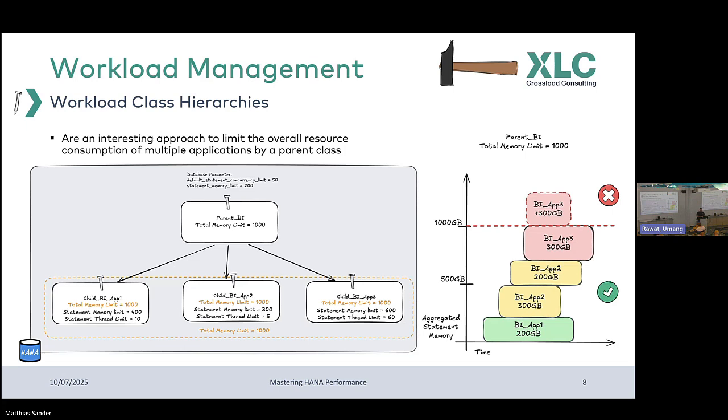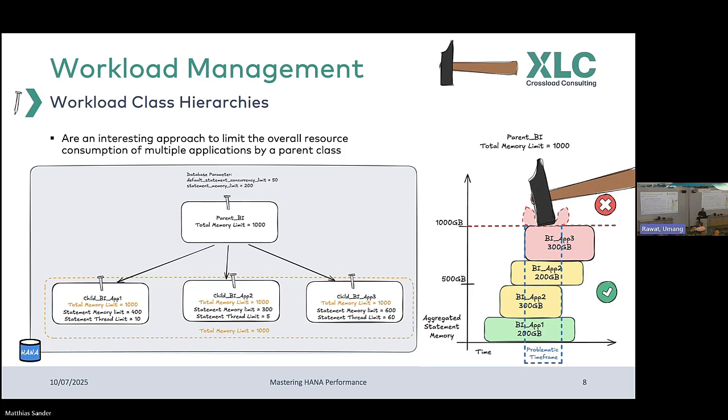Everything which tries to be allocated on top of this has no chance; it is just restricted. And this is just the case as you see it in the blue frame, because at this time the other applications are reserving this space. If at the same time the yellow BI application 2 would not be active, it would be able to consume up to 600 gigabytes. So you're pretty flexible in what you allow.